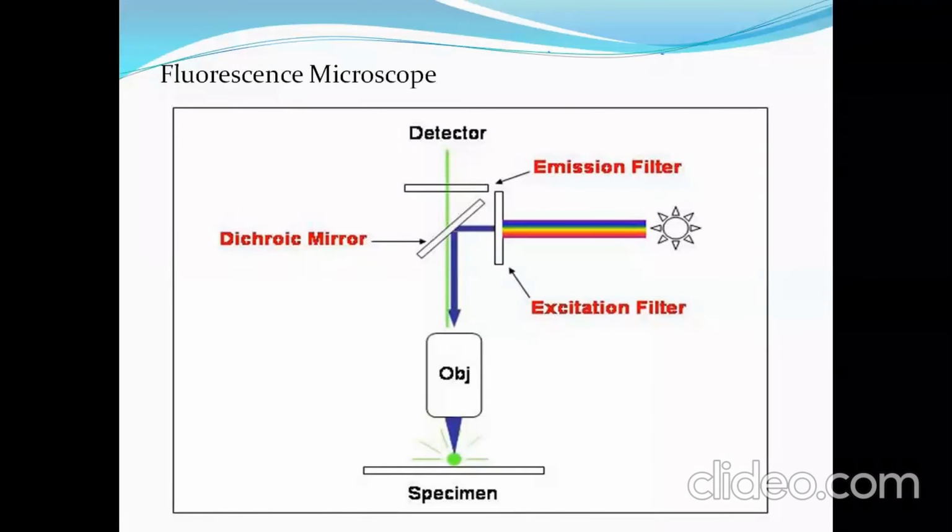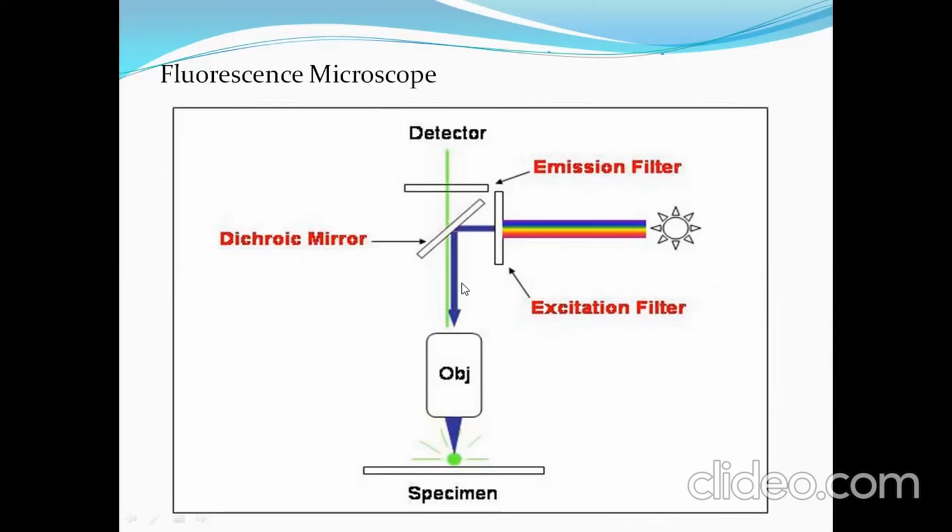So what is transition wavelength? It is 50%. Suppose we are using light at 500 nanometer, and it is emitting certain light at 600 nanometer. So this dichroic mirror has a transition wavelength value of 550 nanometer.